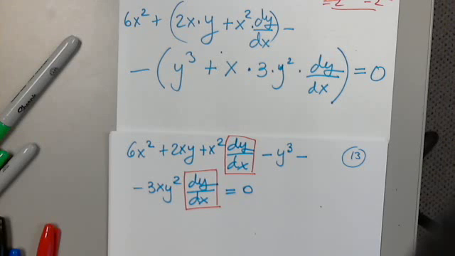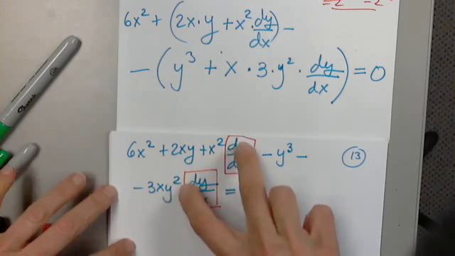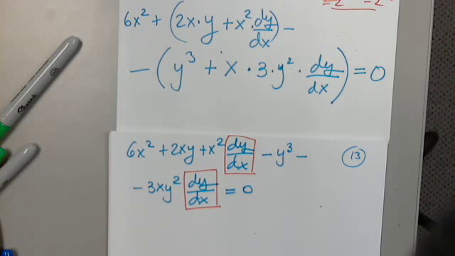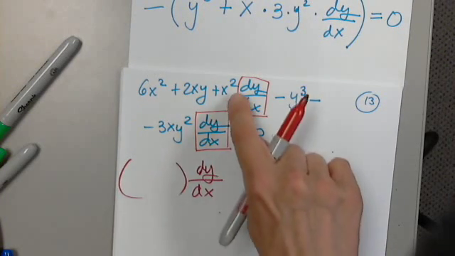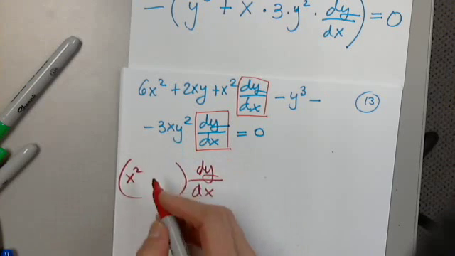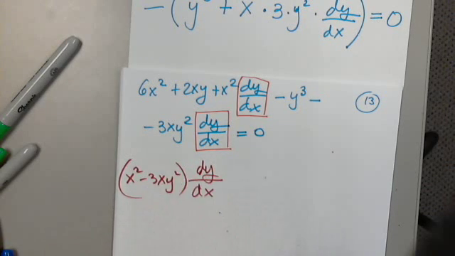And yes, since we cannot combine these two, they are not like terms. As Joey said, factor it out. I have an x squared and I have a negative 3xy squared.